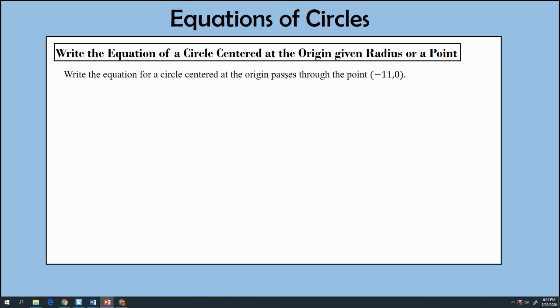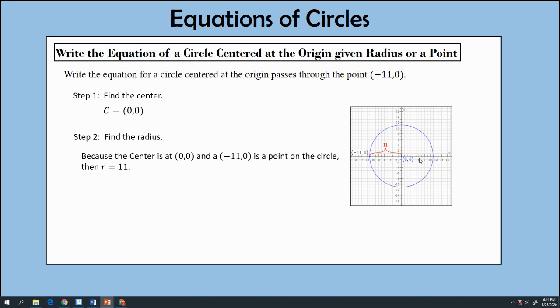All right, this one says write the equation for a circle centered at the origin and going through the point -11, 0. Okay, well, first of all, they said it was centered at the origin. The origin is the point 0, 0. So we know the center of our circle is 0, 0. Okay, now we got to find the radius. Well, we know the radius of a circle is the distance from the center to a point on the circle.